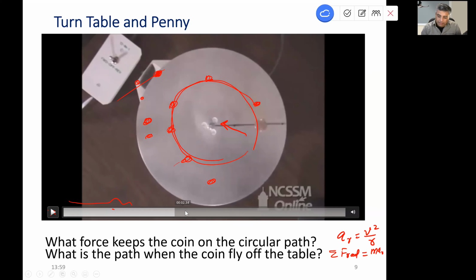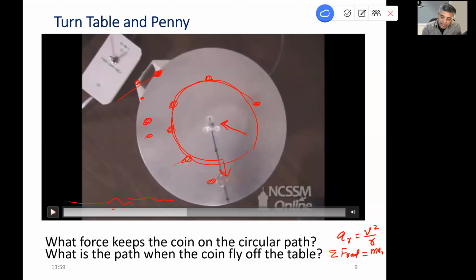And after this or something like this, it kind of started moving away from that initial circle. Now it is moving directly away. So that's what we see when we closely observe the different frames of this video.